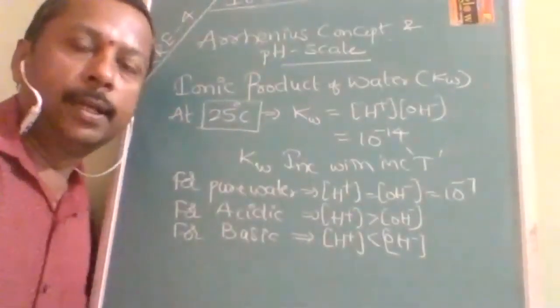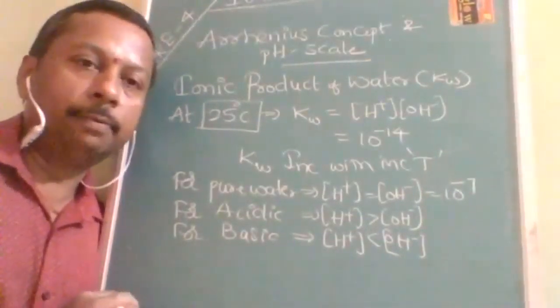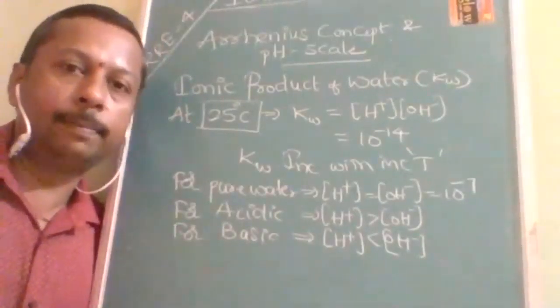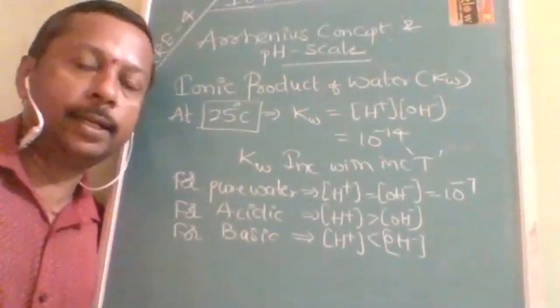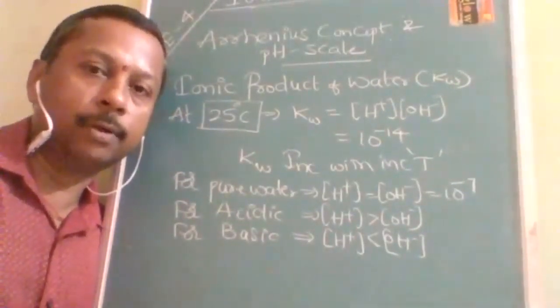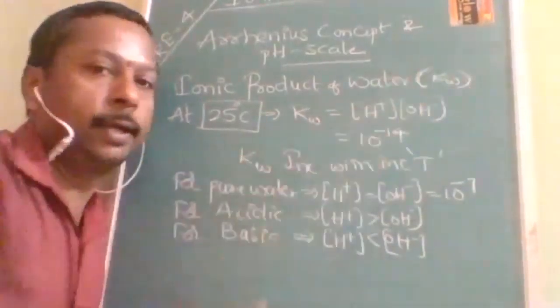Okay, we are into the next most important widely used concept, Arrhenius concept, and it is used for pH scale. Okay, so entire pH scale is depending on a topic called ionic product of water. Okay, ionic product of water is denoted with Kw.